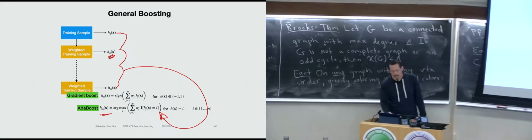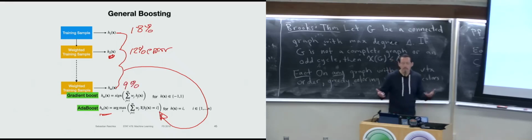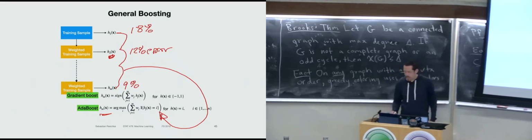Well, this guy had like a 12% misclassification error. This one had an 18% misclassification error. This one down here maybe had a 9% misclassification error rate. I believe them proportional to their error rates. That's what AdaBoost is about, right? How many errors did I make in the data set?